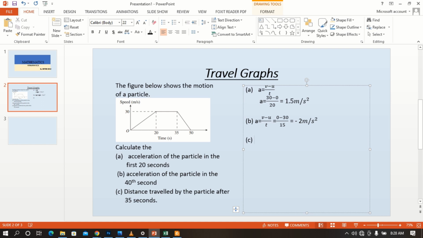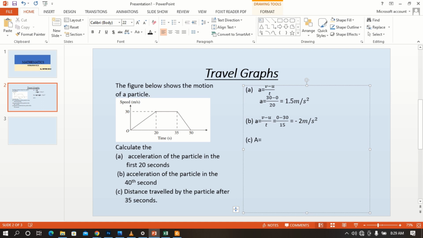So from the 35th second to the 50th second, we look at the shape that has been made by the movement of the particle. Of course, that is a triangle. So we just need to calculate the area of the triangle. The moment we get the area of the triangle, that automatically becomes our distance. But the difference is going to be the units.